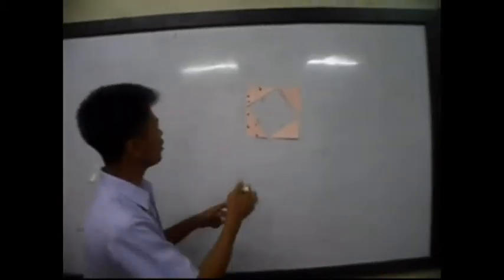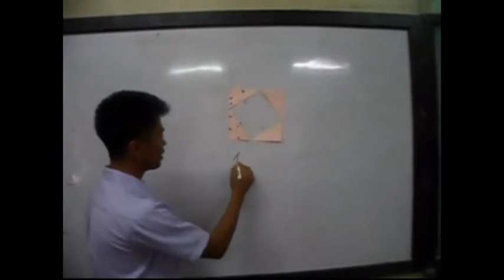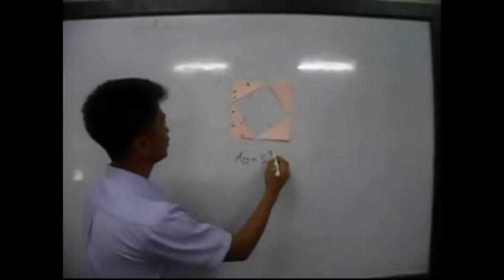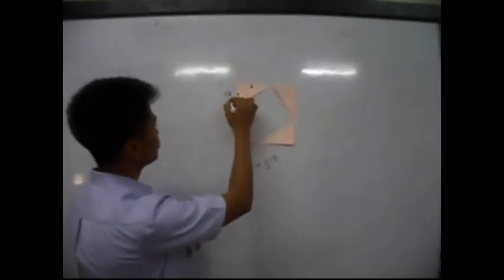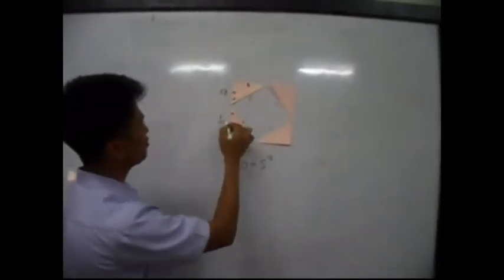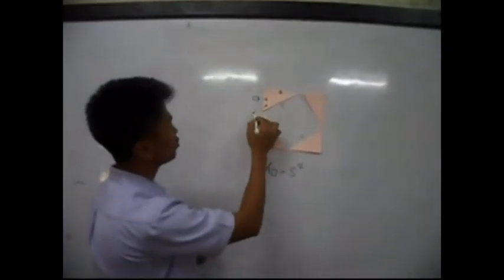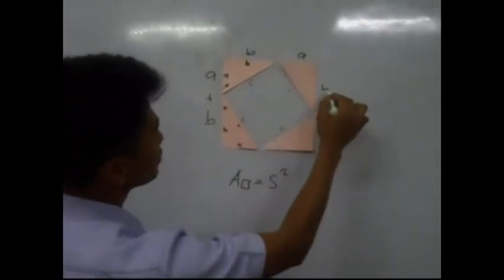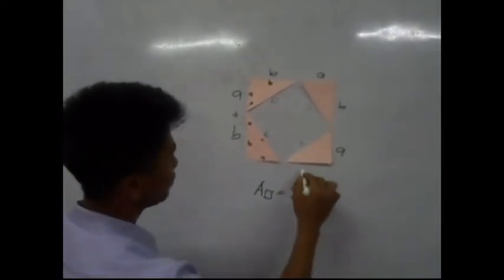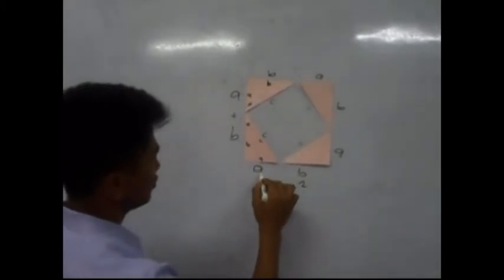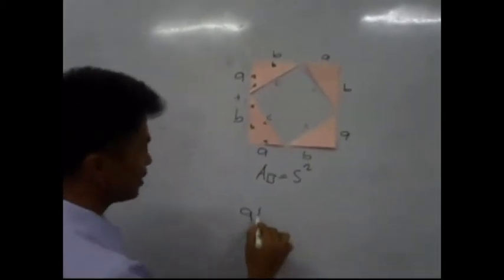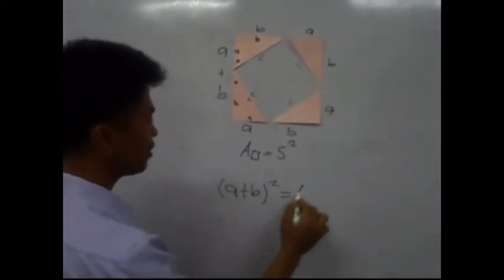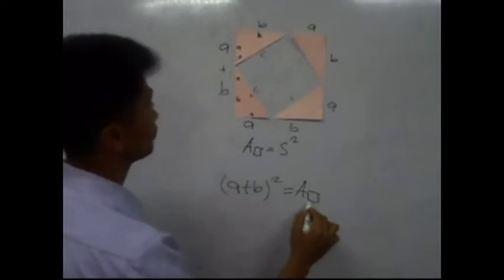The formula for the area of a square is A equals s squared. As we know, we have sides A and B, so let's add the two because we have the same sides. So (a plus b) squared is the area of the big square.